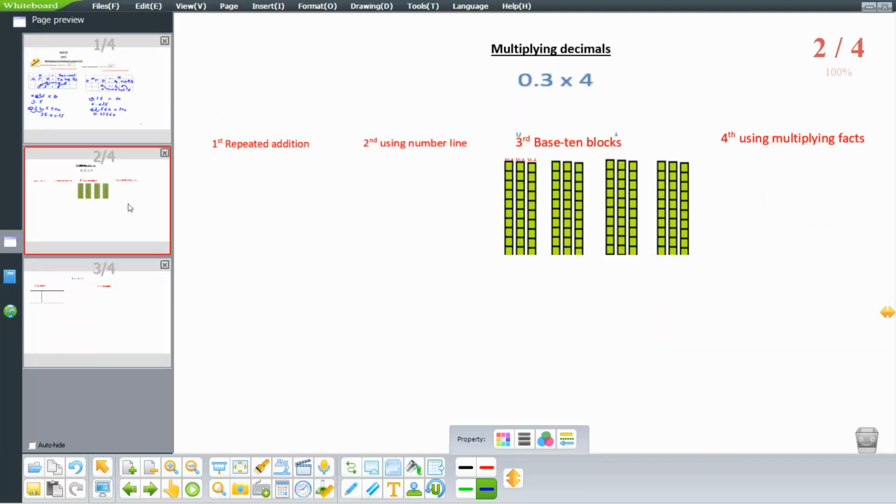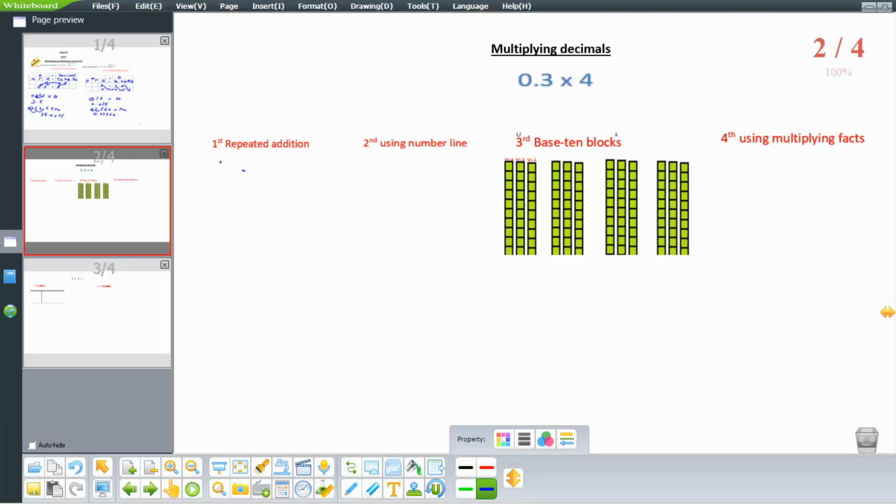Okay, here we need to find the strategies of multiplying decimals. We have many strategies. If we have a number like 0.3 times 4, the first strategy is repeated addition. It means 0.3 repeated how many times? Yes, 4 times.